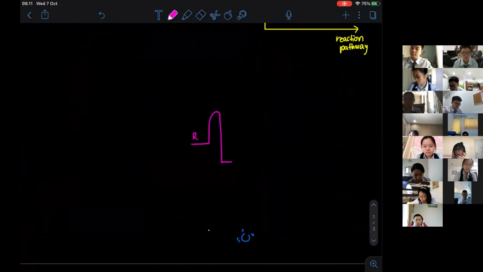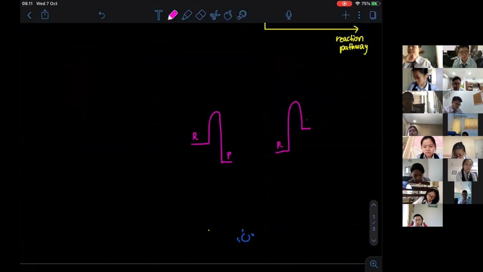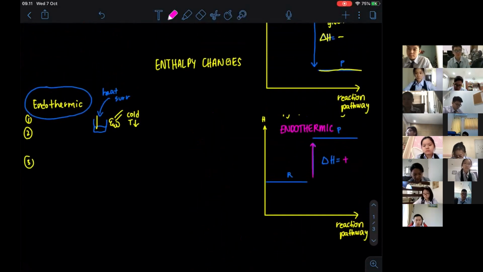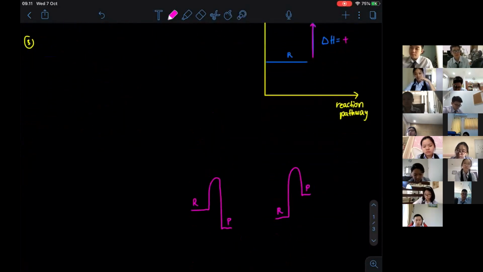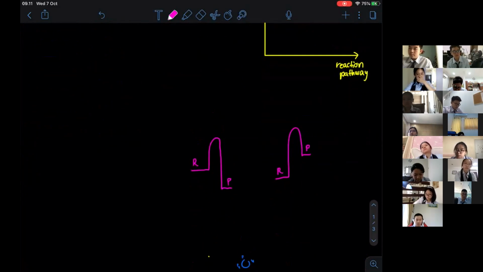This is reactant, this is product, and here this is reactant, this is product. This enthalpy profile diagram is the same as this one. It's just the same, they just didn't include one thing. What is the one thing that we are talking about? What is this?